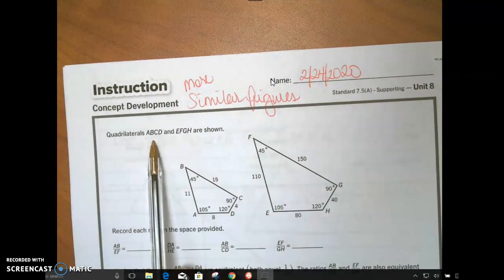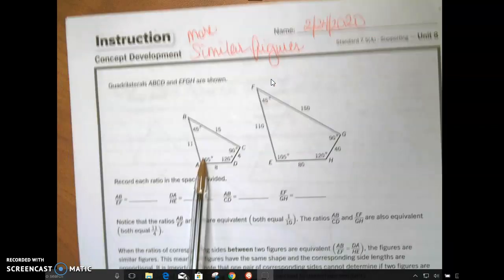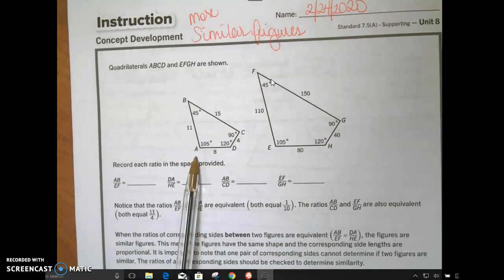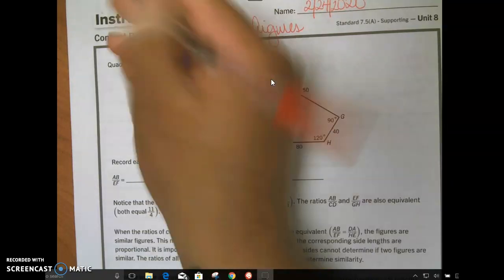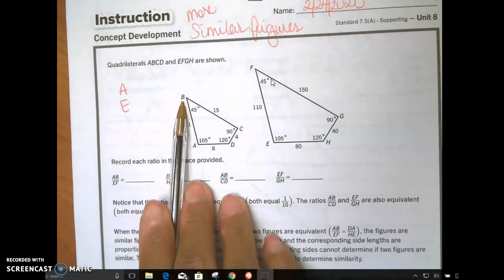Okay, it says quadrilaterals ABCD and EFGH are shown. By the looks of things, who matches or corresponds to A on this shape over here? E. A and E. Who corresponds to B?